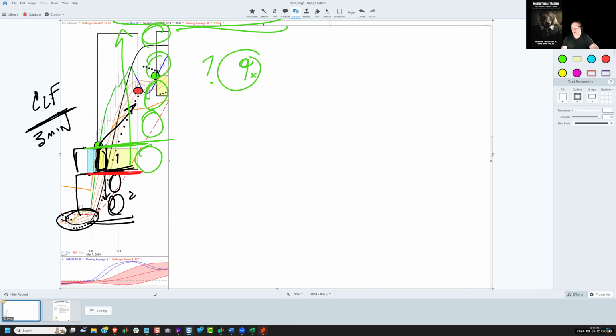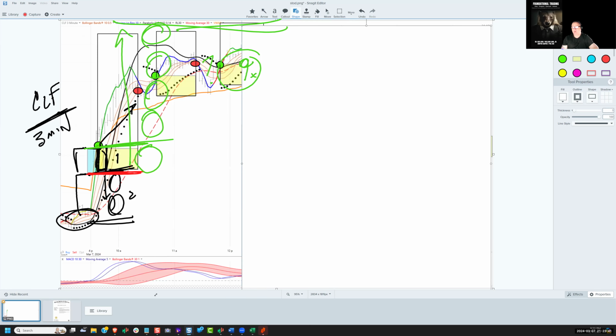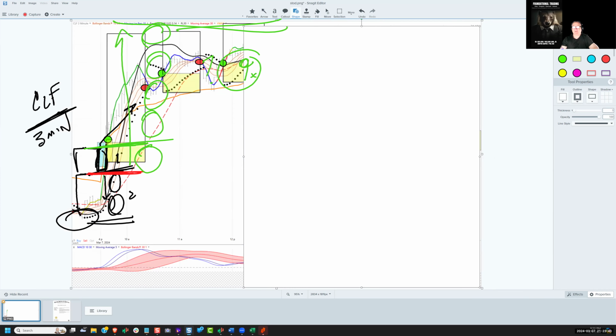Kata 2 reentry, standard exit when it fails to follow through. Kata 2 reentry when it finds support above the VWAP, crosses the dragon. Now at this level, I've only moved 4 risk boxes off the low of the day.